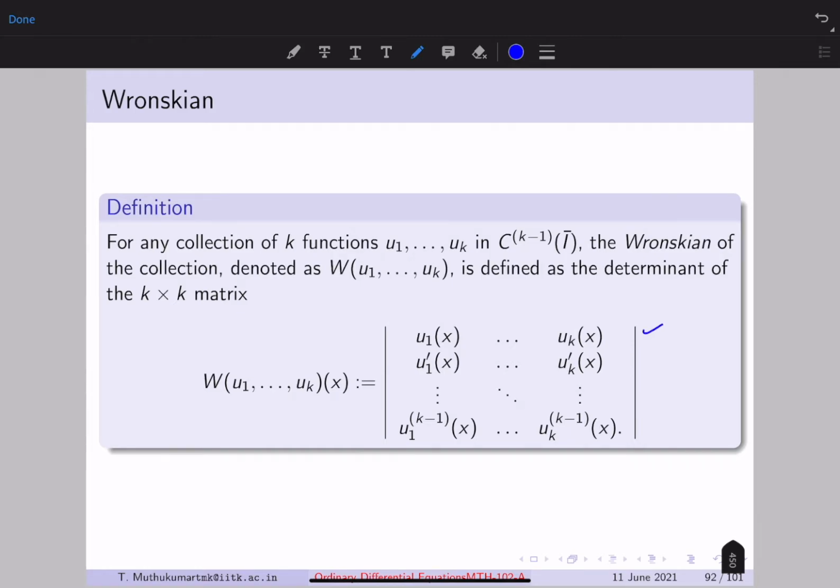Row 1 is just the given collection of functions. Then row 2 is the first derivative, the second derivative in row 3, and so on up to k minus 1. So in total you have k rows. Similarly, in the columns you have the k functions, u1 to uk. So you have a k cross k matrix, and the Wronskian is nothing but the determinant of this matrix.